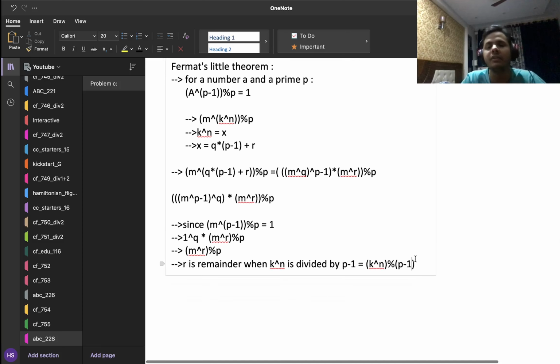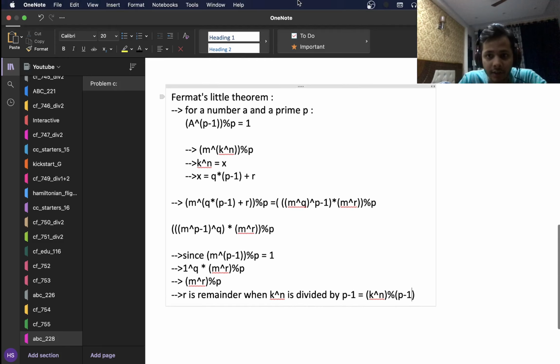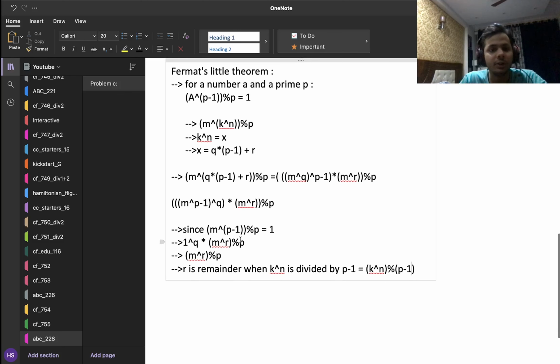So we will be required to do two binary exponentiations. First, to calculate k raised to the power n modulo p minus 1. Then a second exponentiation to calculate m raised to the power r modulo p. Right? So yeah, this was the solution to problem E.